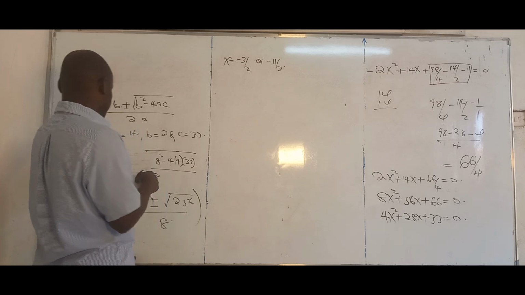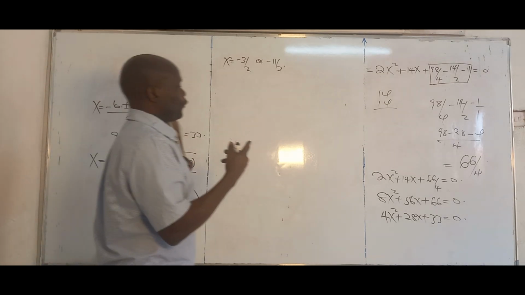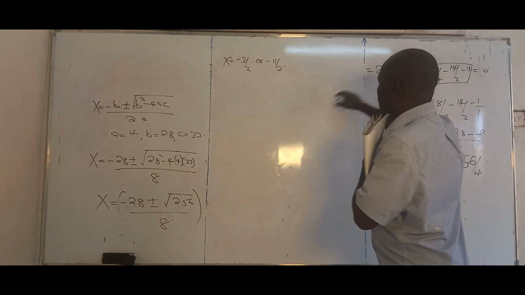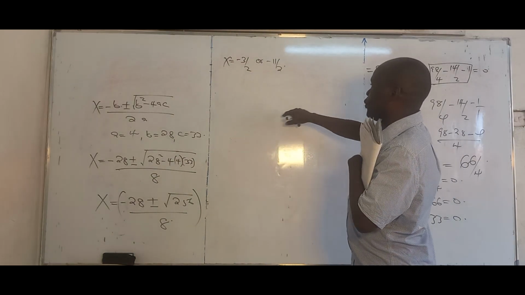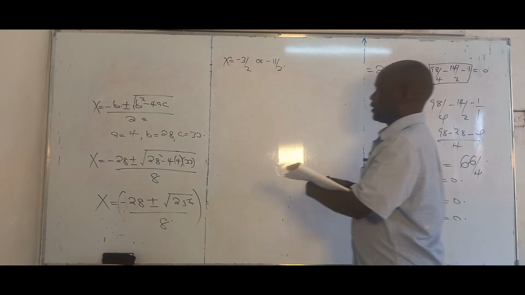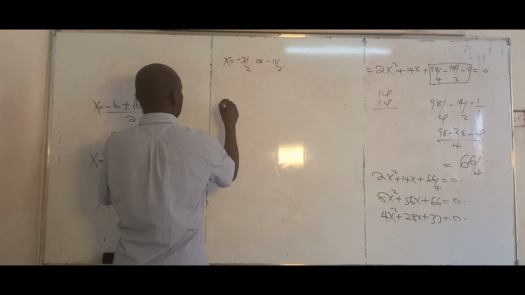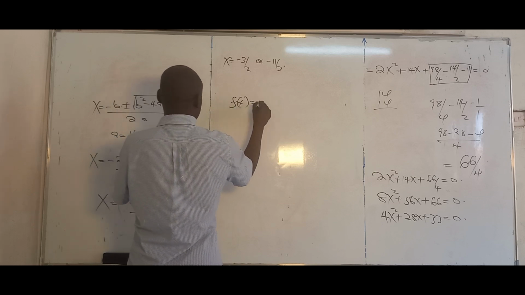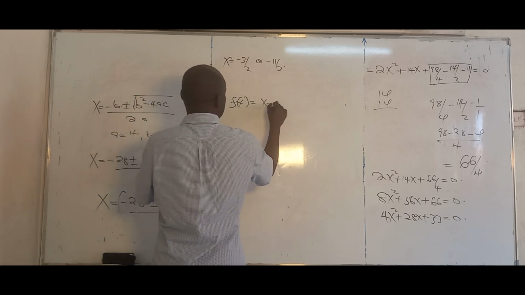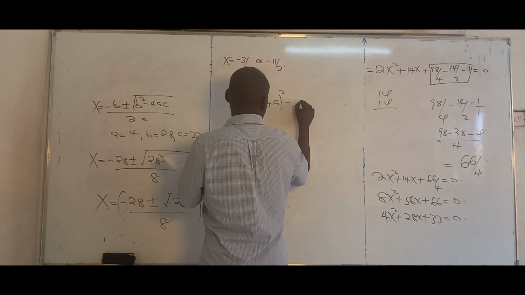And just remember, from where I started doing part 3, I picked the quadratic as it is. But we could as well take the case that f of x, a shorter way, is x plus a squared minus a.